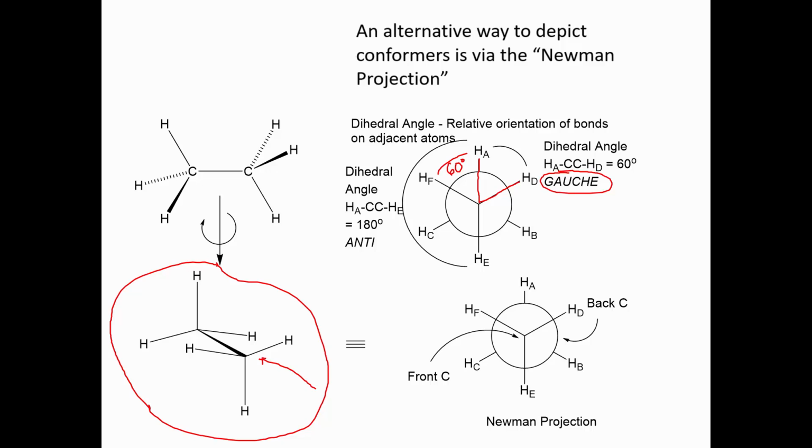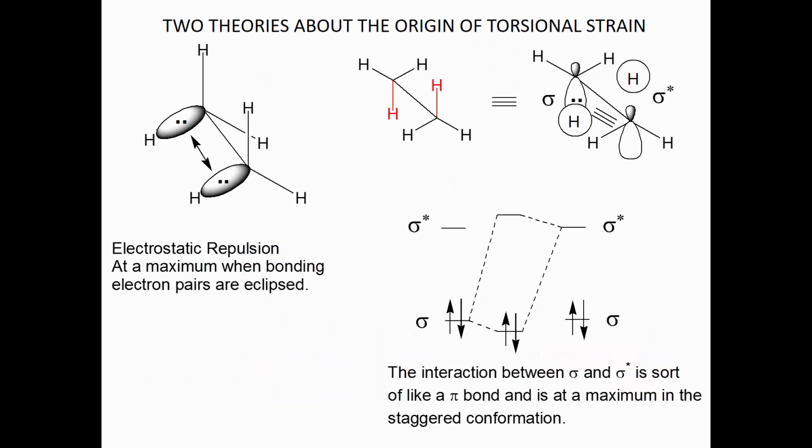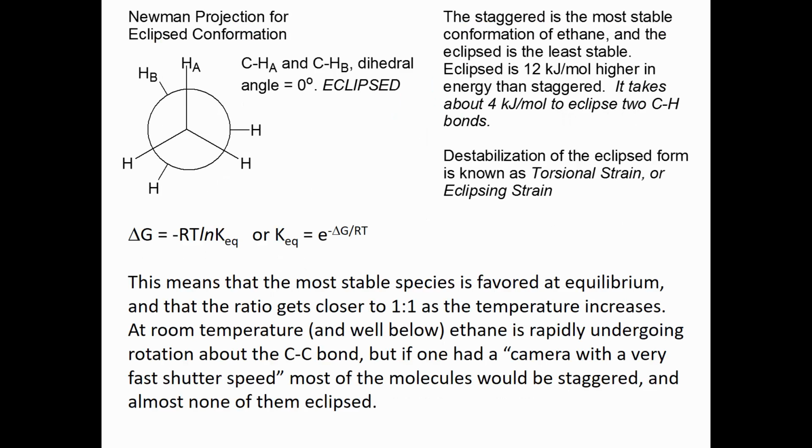We refer to that as anti. Anti just means that it's at a 180 degree dihedral angle. So in a staggered conformation, everything is either at a 60 or 180 degree dihedral angle. In an eclipsed conformation, everything's either at a 0 degree angle or 120 degree angle.